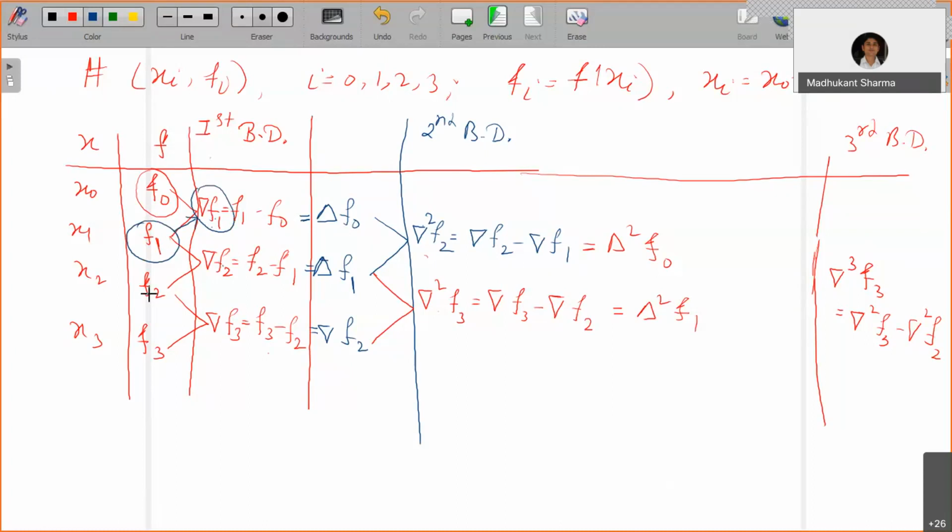Now if you talk about F2, you have the backward difference and the second backward difference of F2. There is no third backward difference of F2. Again, this is an upward direction. If you are starting with F3, you have the first, second, and third backward differences. They all are in the upward direction.